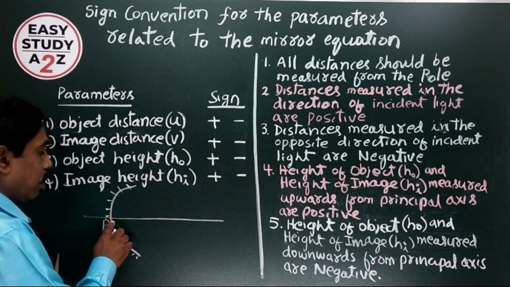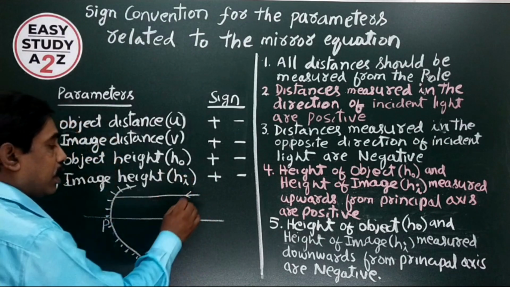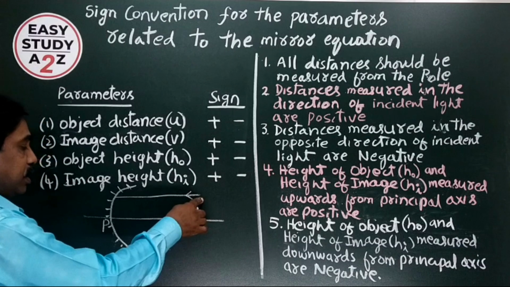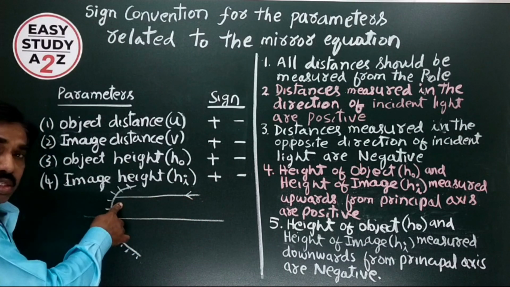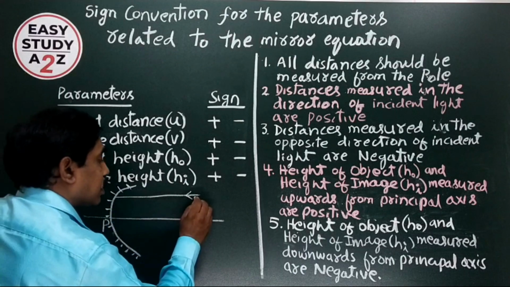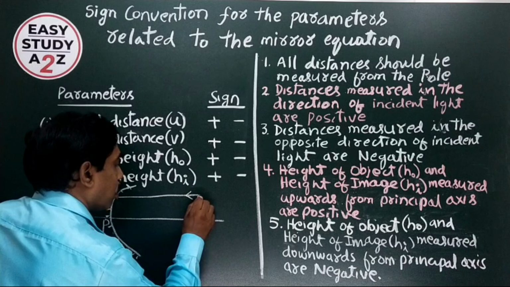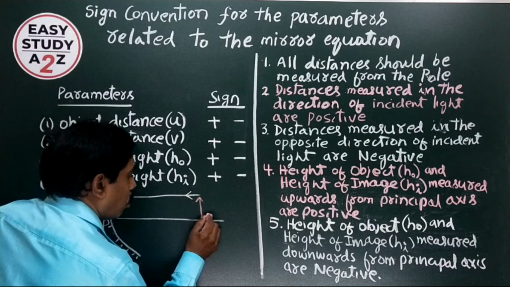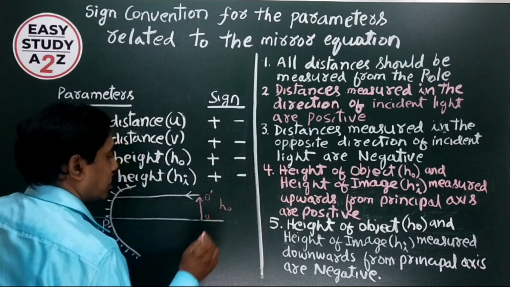Suppose this is an incident ray, a light ray incident on the concave mirror. Now when the ray is moving like this, for example, consider this is object O dash, this is the height of the object.